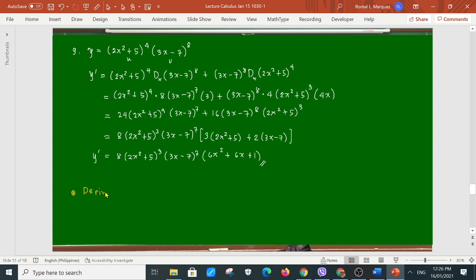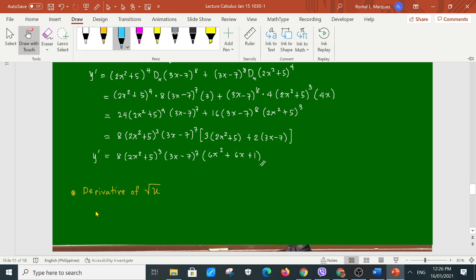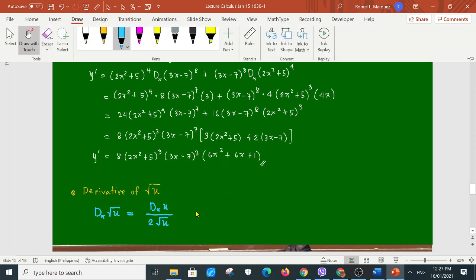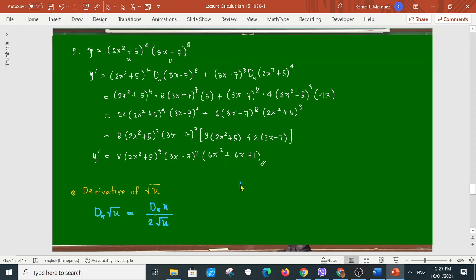If you have the derivative with respect to x of the square root of u, that is equal to the derivative with respect to x of u over 2 square root of u. So that is how to differentiate the square root.